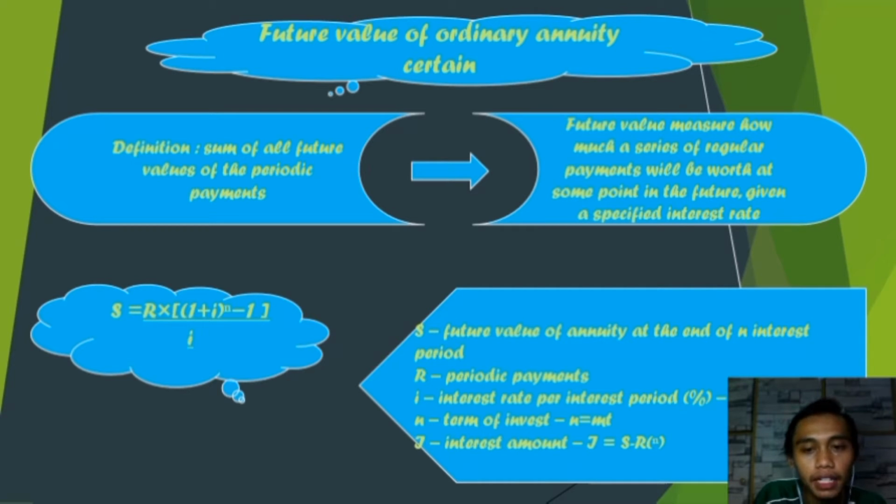R is the periodic payment, and I is the interest rate per interest period, in percent. I equals K divided by N. N is the term of investment, which is N equals N times T. Big I is the interest amount, which is I equals S minus R times power N.